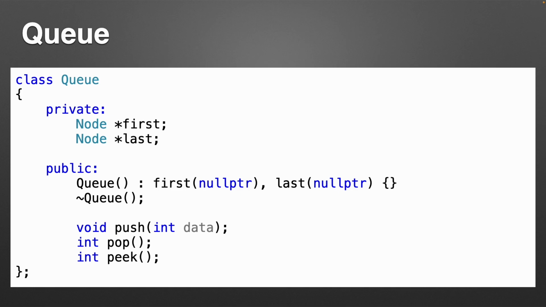Yes? Why do we need to return an integer with the pop function? With pop, in this case, the queue is a queue of integers. And so when you pop something from the queue, you want to return that element. So it would not return the queue after the element has been popped? No, not in this design.